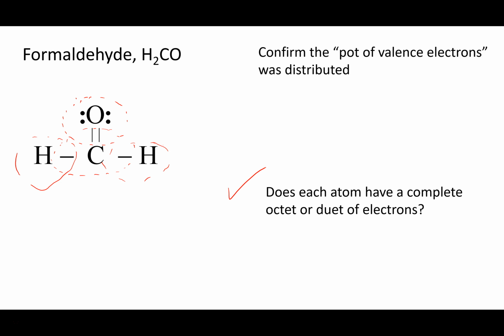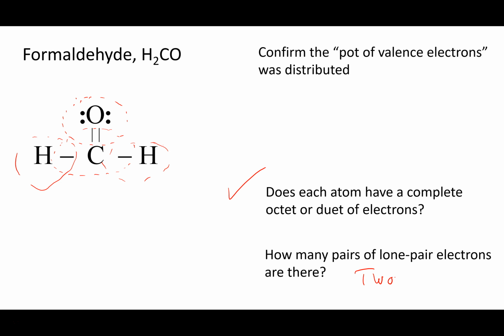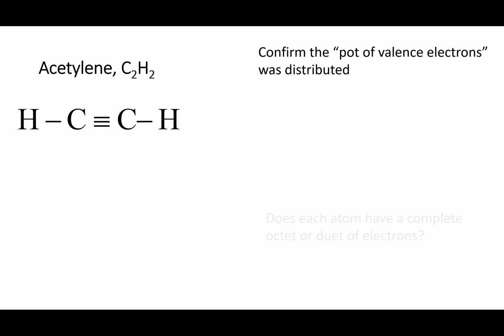Okay. The last one. How many pairs of lone pair electrons are there? 2. Yep, very good. All right, pot of valence electrons, 2 hydrogens. You told me 1 valence electron for each of them, collectively 2 electrons.